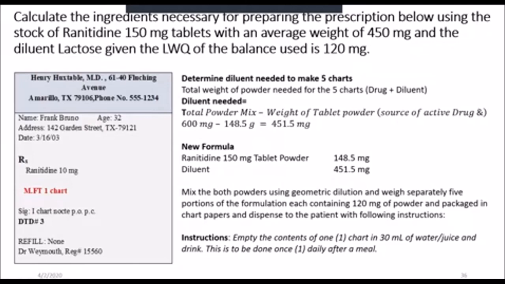We're going to mix it using geometric dilution. And once we have a homogeneous mixture, we're going to weigh separately 5 portions of the formulation, where each portion will contain 120 milligrams of the formulation, and package them in chart papers and dispense to the patient.